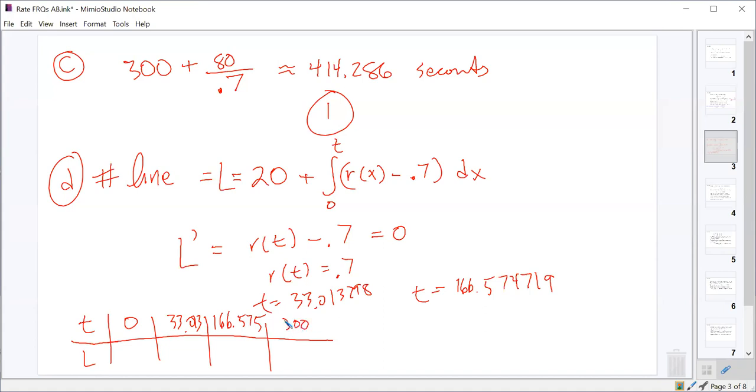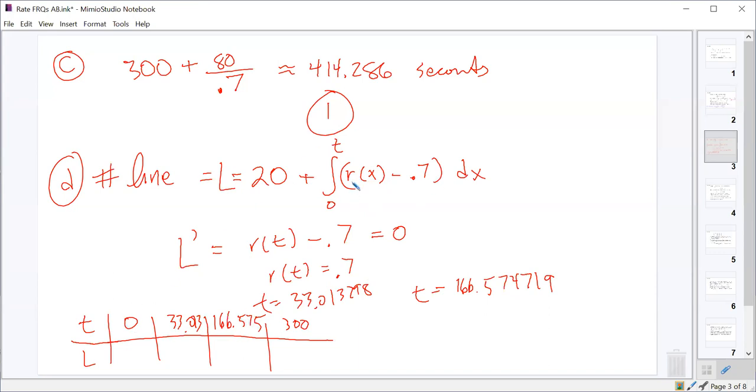And so you would just use your calculator, at least for the middle two here, to figure out the number of people in the line, 20 plus the integral from 0 to 33, plus that decimal of r minus 0.7, and then the same for 166.